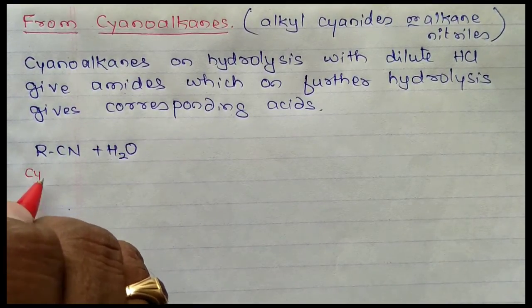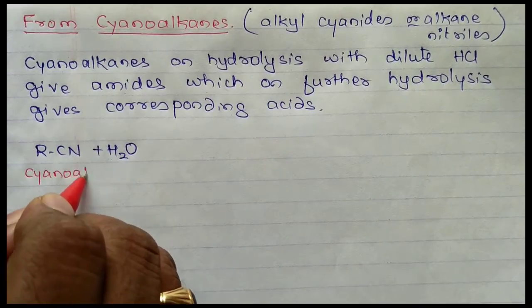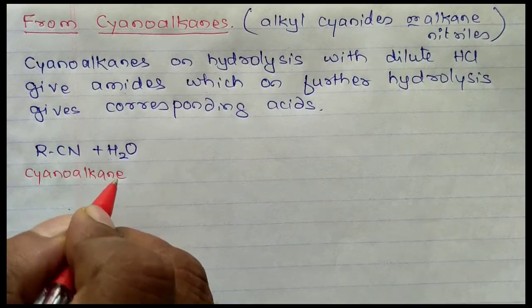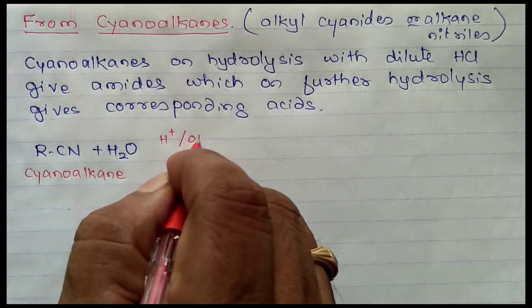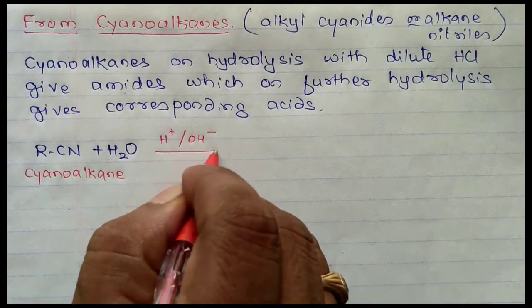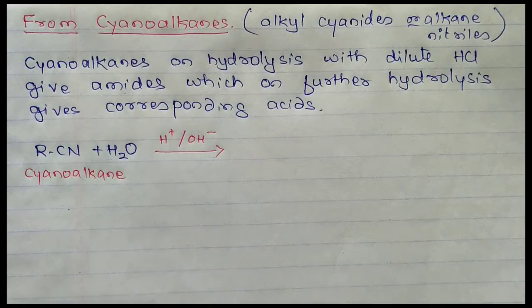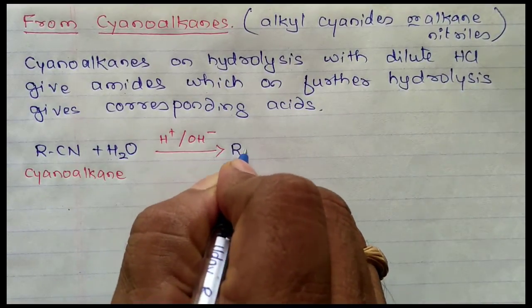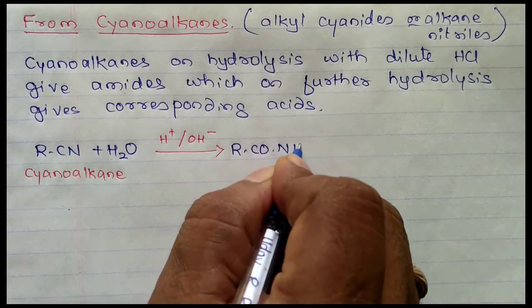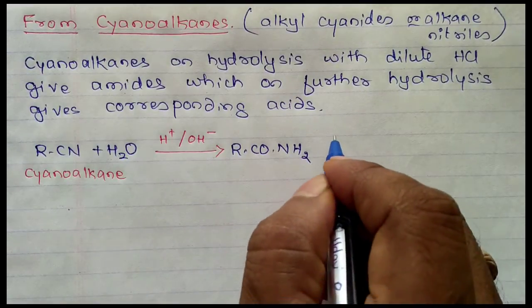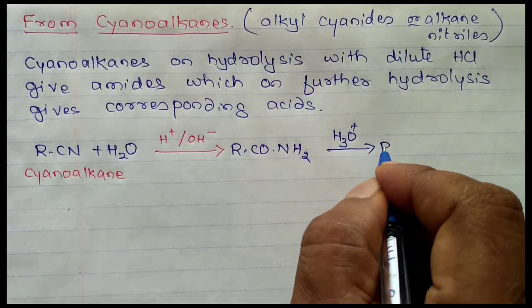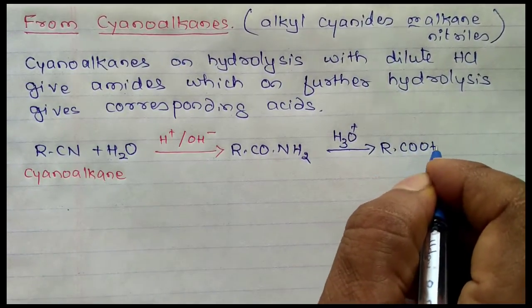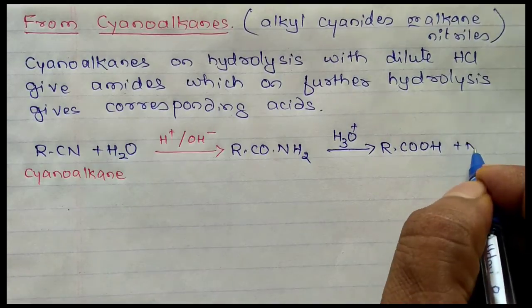Cyanoalkane on hydrolysis, either in the presence of acid or base, gets converted into amide, RCONH2. This is amide, which on further hydrolysis gives the corresponding carboxylic acid, RCOOH, plus NH3.